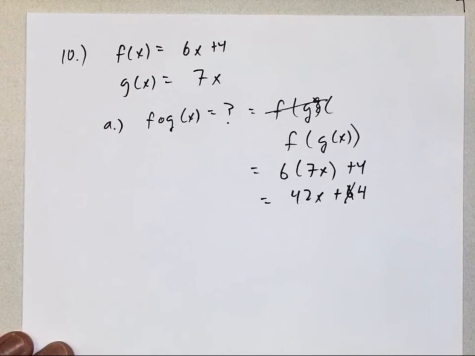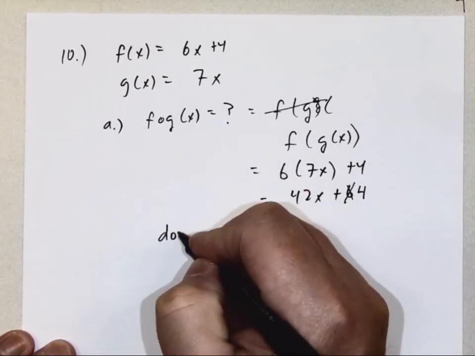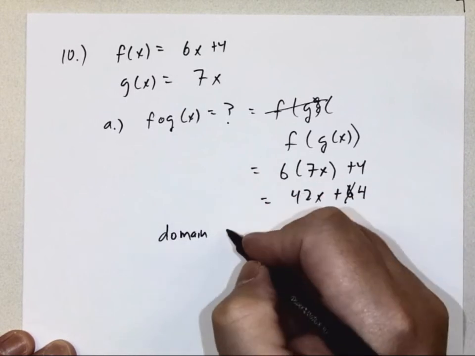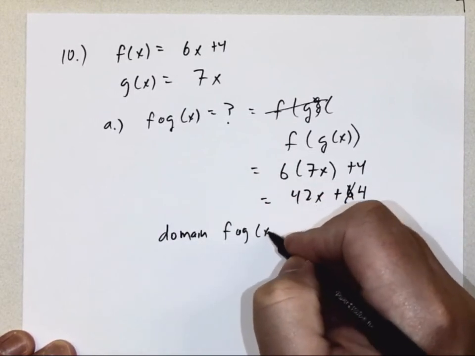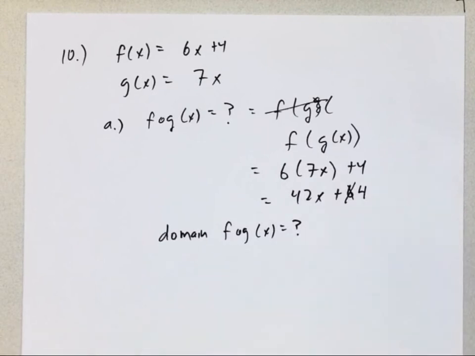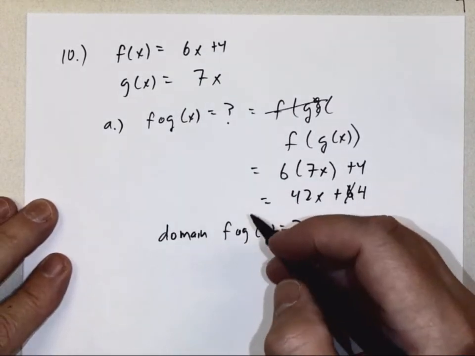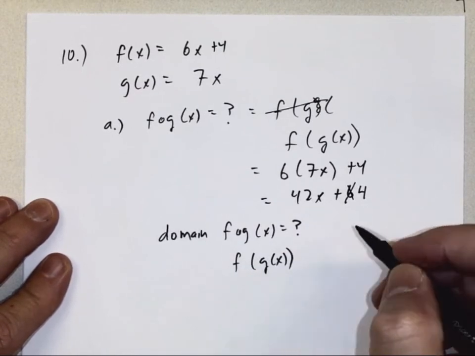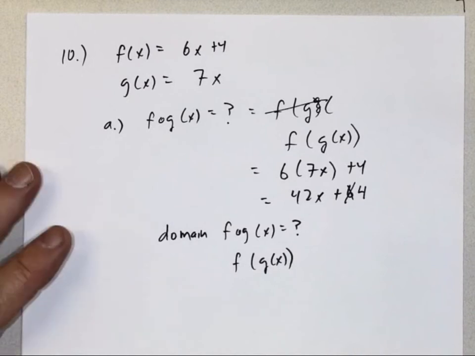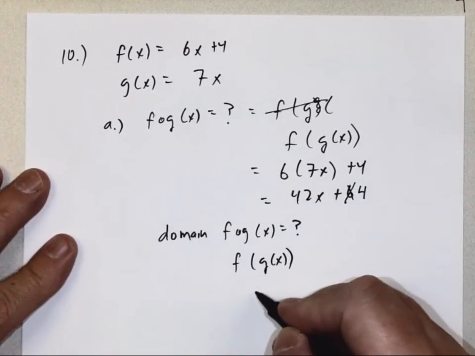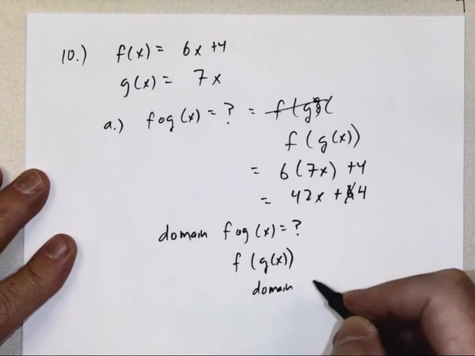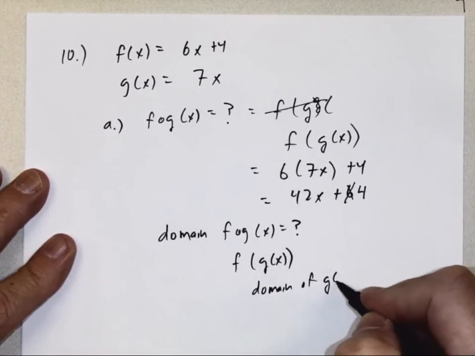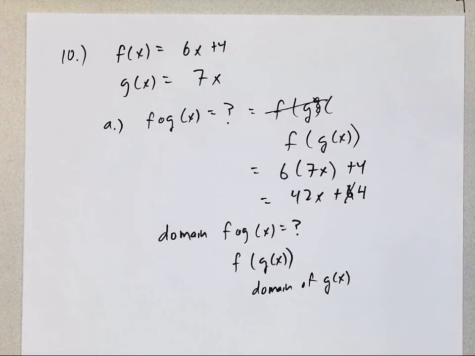But this is a two-part question, because then they ask for the domain of the composite function. And once again, let's write this as a function, because what really happens is you figure out the domain of the inside function. And we've talked about domain on the last test. I'm not going to take the time to discuss how to find the domain.